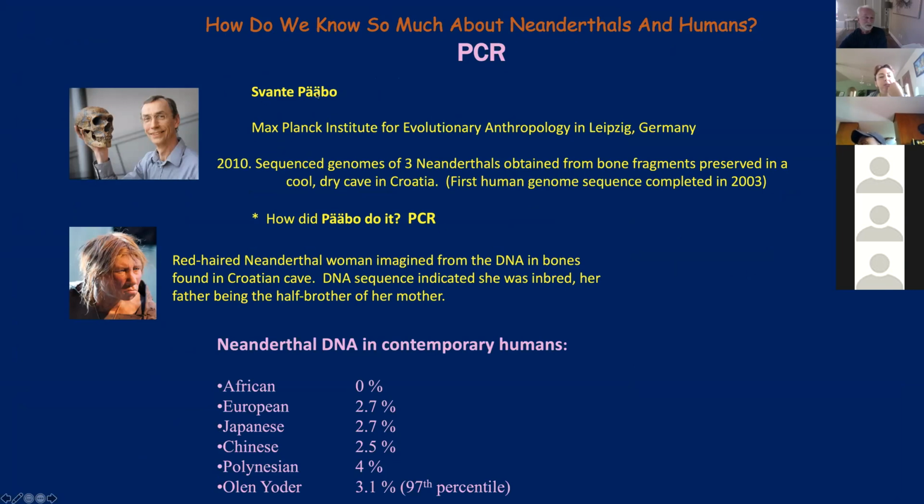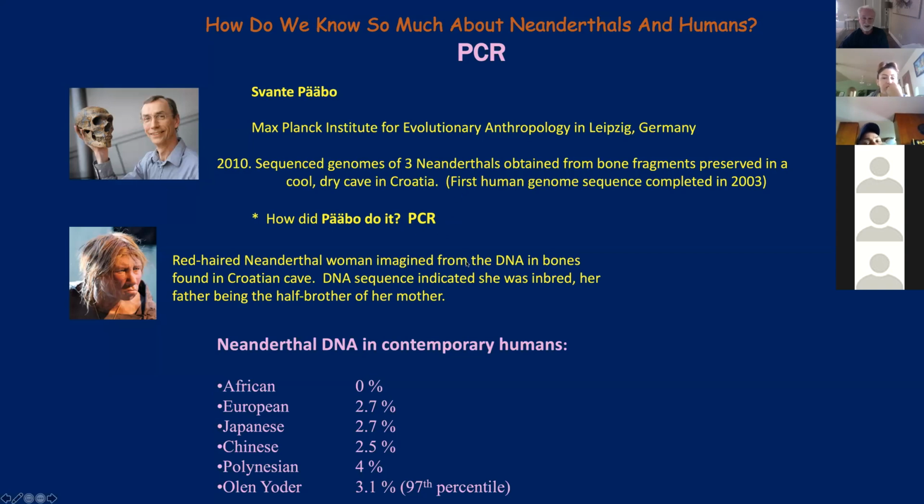A man named Svante Pääbo, and I'll talk a lot more about this when we talk about evolution. In 2010, Pääbo sequenced the genomes of 3 Neanderthals from bone fragments preserved in a cave. This was just 7 years after the first human genome sequence was completed. So how did Pääbo do it? With PCR.